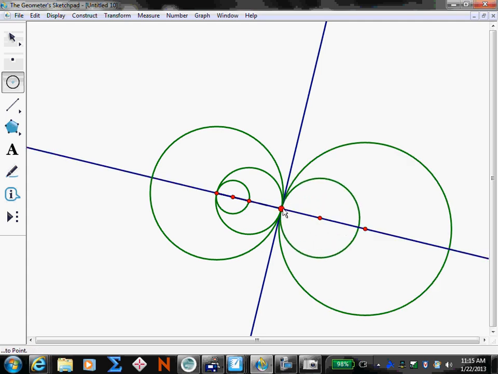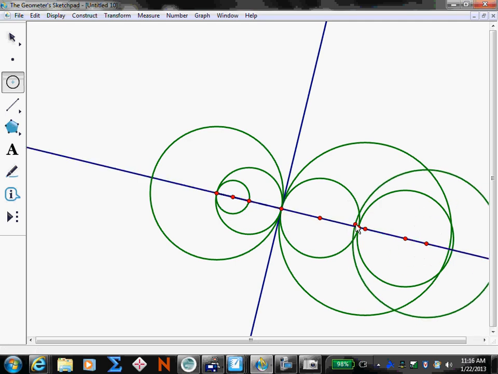Now I've made internally tangent and externally tangent circles. Okay, so that one is externally tangent. Internally tangent, the two circles, one's lying on the interior of the other one.